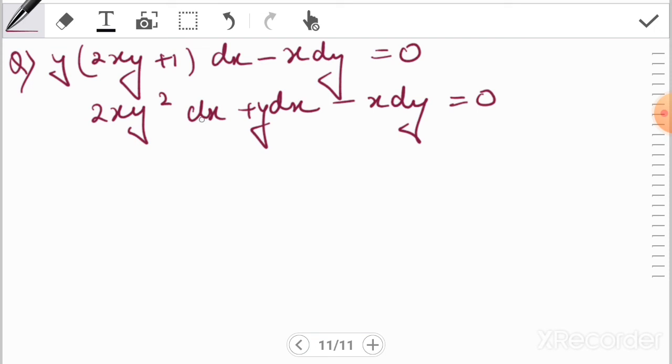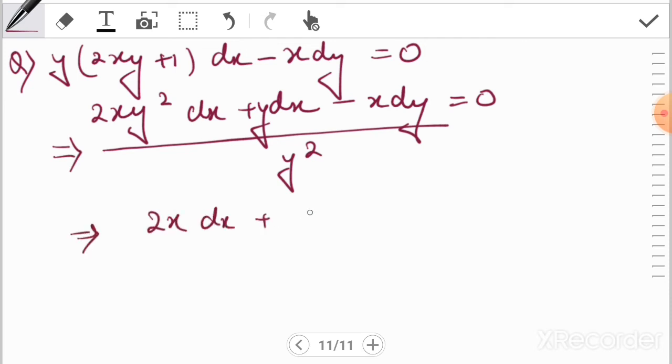And if we divide by y square on both sides, we will get 2x dx plus (y dx minus x dy) by y square.